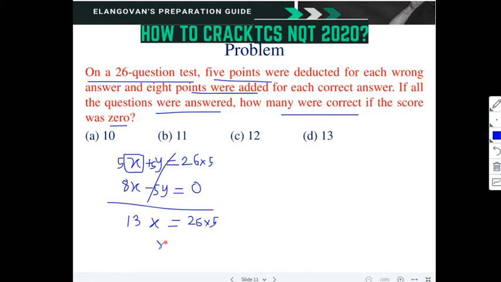So x is equal to, 13 and 26 get cancelled, here we will get 2. So 2 into 5 is 10. So the number of correct answers is 10. So option A, 10, is correct. Okay, I hope you are finding it easy.